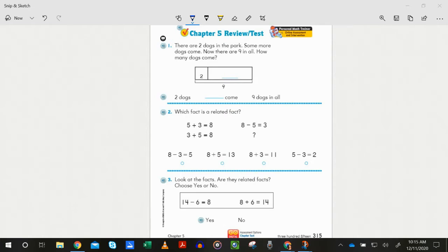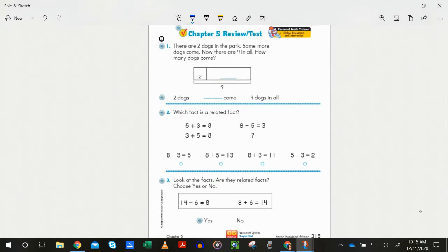Okay, so looking at this bar model, I see the whole beginning to end is 9. And I see that that whole is broken into 2 parts up here. So that 9 is equal to 1 part, which is 2, and a missing part.